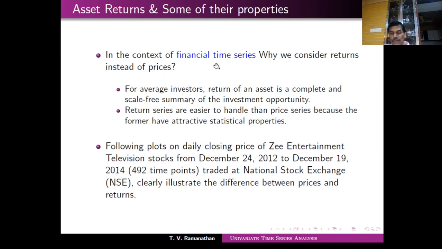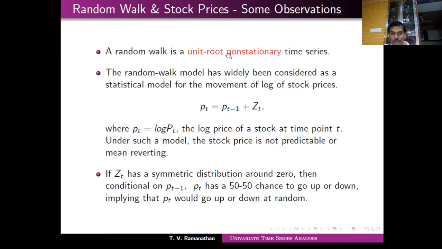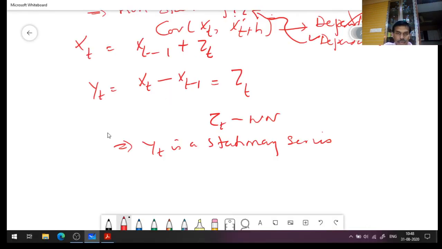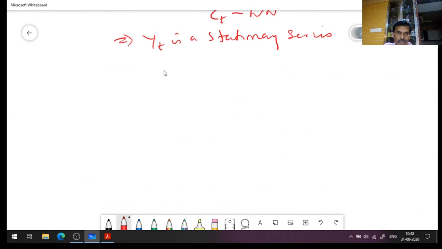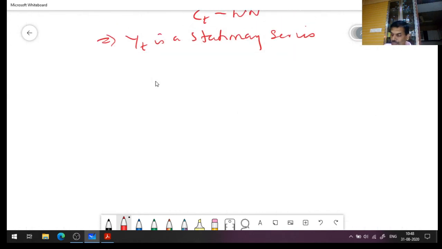There is one particular terminology here which I haven't really explained. I skipped that, but maybe I can just mention it. I need to actually introduce the AR model, and at that time we'll have more discussion about it, but I can tell you what is happening.